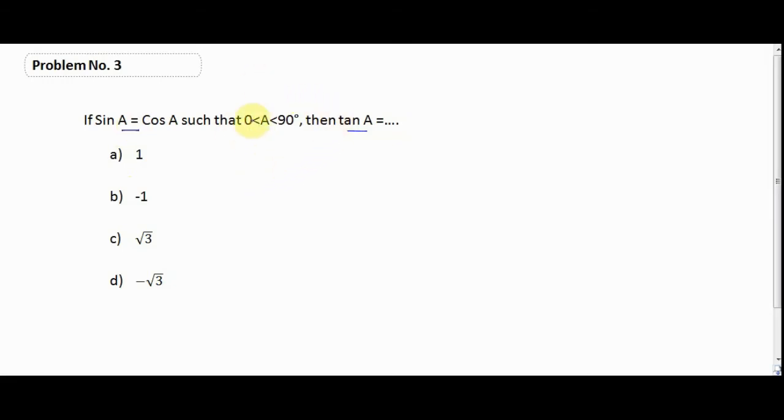Here the angle which comes between 0 degree and 90 degree, and that satisfies this condition, sin A equal to cos A, is nothing but A equal to 45 degree. We know that sin 45 degree is equal to 1 by root 2, and also cos 45 degree is equal to 1 by root 2.